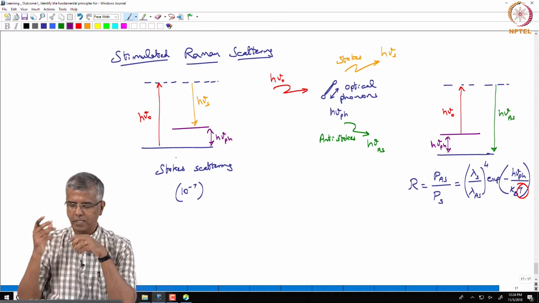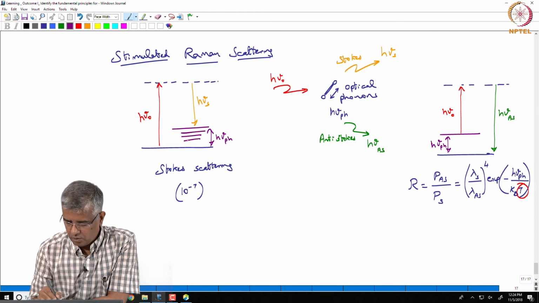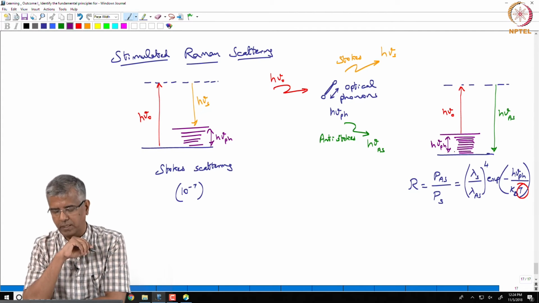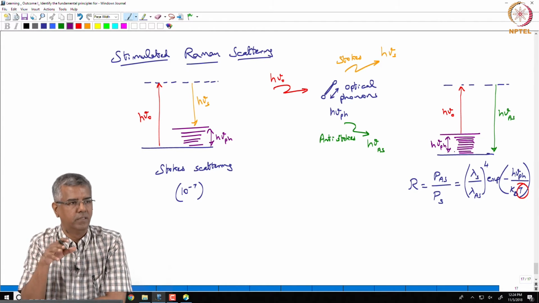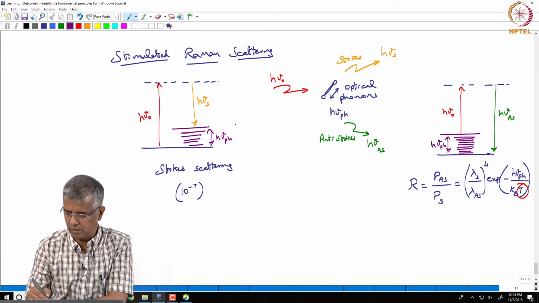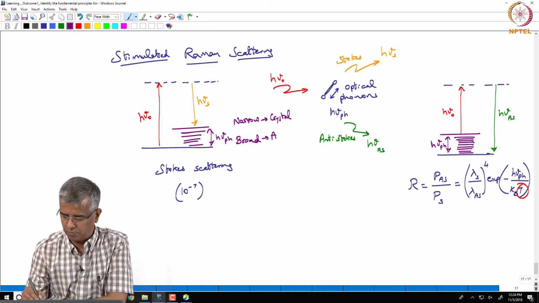But if it is an amorphous material, that phonon energy will have multiple energy levels, so it will be relatively broad in nature. So, what I am saying is this phonon energy spectrum is narrow for crystals, and rather broad for amorphous material.